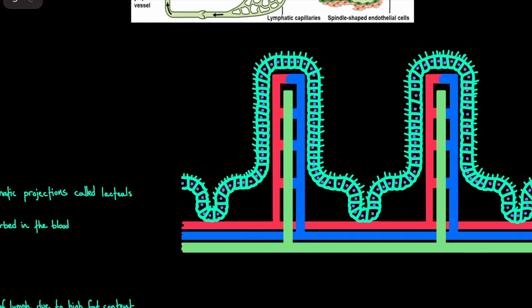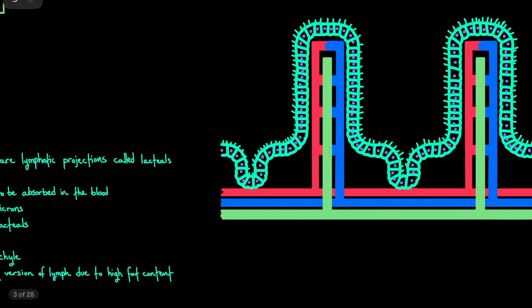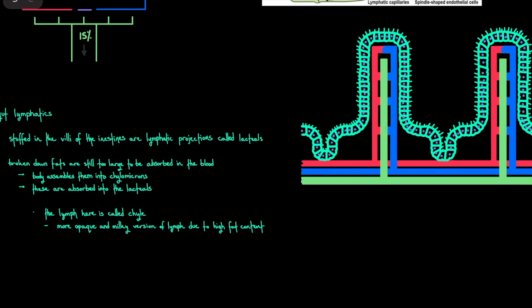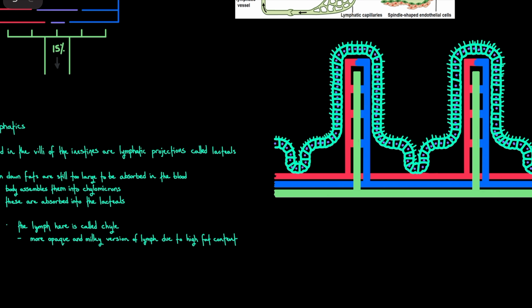This increases surface area, which is highly beneficial for nutrient absorption. But within those villi, not only do I have my artery and my vein, I have a big lymphatic projection shooting up into that lacteal. And what this does is it allows for good lymphatic absorption within that villus.